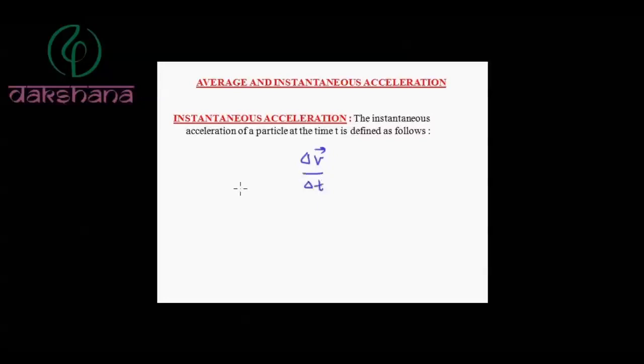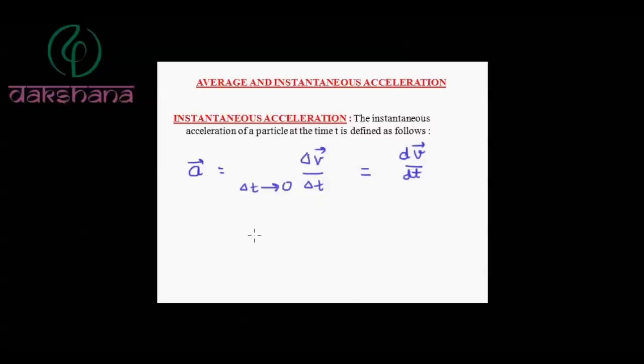But when delta t tends to 0, it becomes equal to the derivative of velocity with respect to time in the curve of velocity versus time. I just designate instantaneous acceleration as a. So whenever we talk about acceleration, I am not putting a subscript for instantaneous; by default it is instantaneous acceleration.